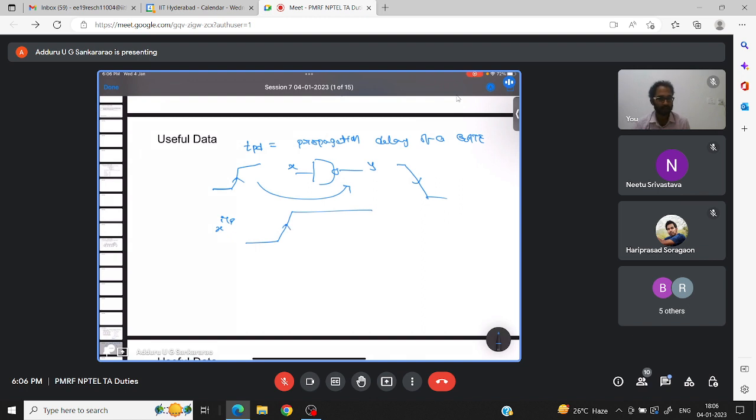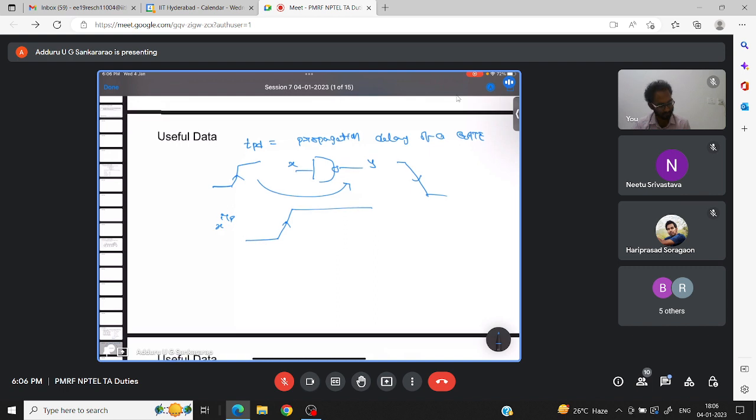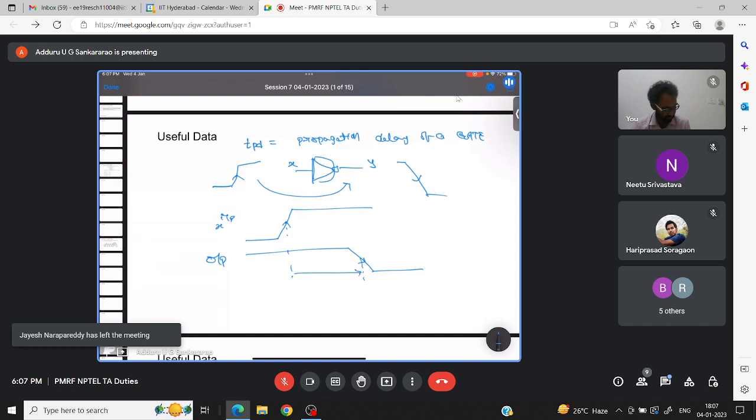Let us say it's a NOT gate, for example. Input is changing from low to high, then output should change from high to low, right? For a NOT gate inverter, output will change from high to low, but not immediately, after some time. So there is this time gap. This time delay is nothing but the propagation delay of a gate. This will generally be in nanoseconds.